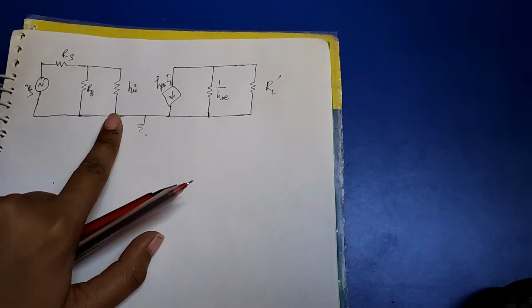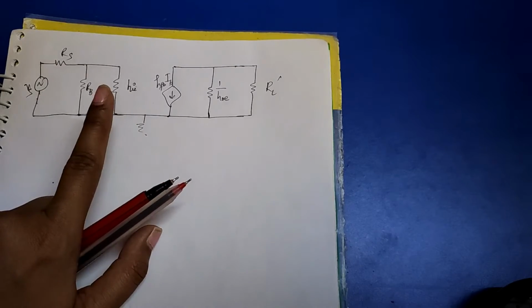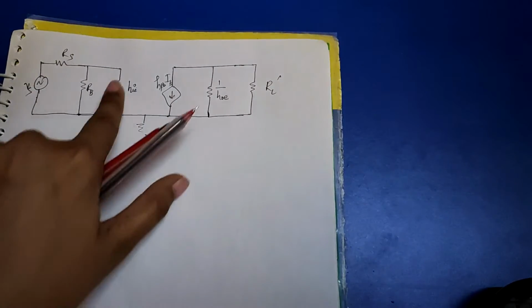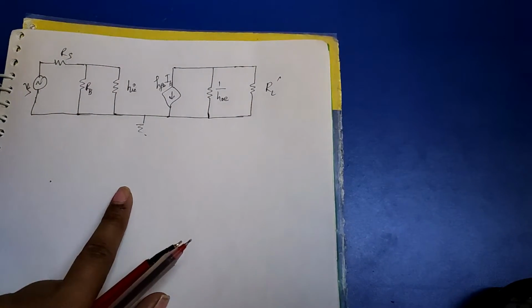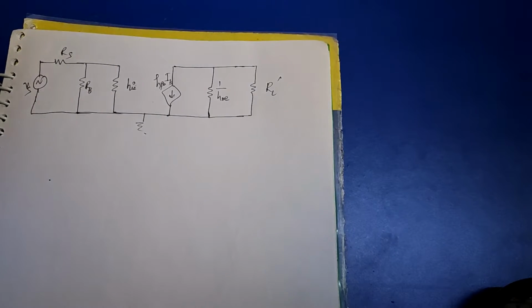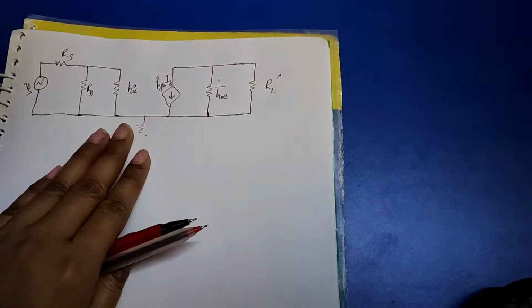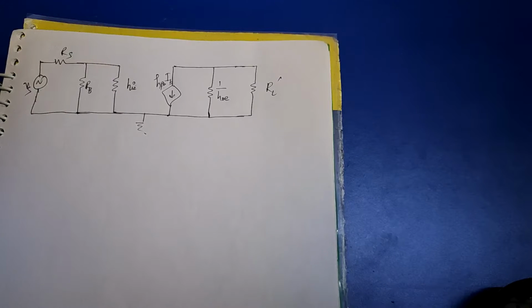I have neglected the hre. So this is my approximate model of h-parameter, right? And now I will do all the analysis based on this model, and you will find this analysis very, very easy, as well as this analysis is used in numericals. So you must be clear with the concepts. Okay, so let's start.